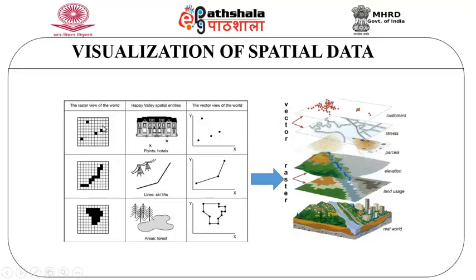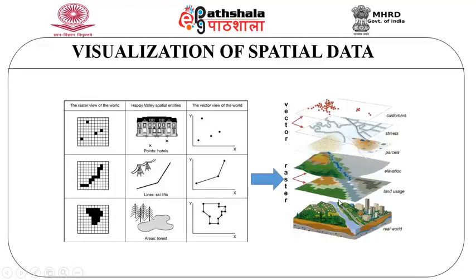Here these points are represented as either raster data or vector data. This is a line represented as raster data and vector data, and this is a region represented as raster data as well as vector data, and the data set in between shows a real data set.